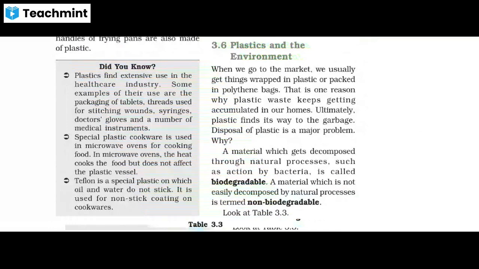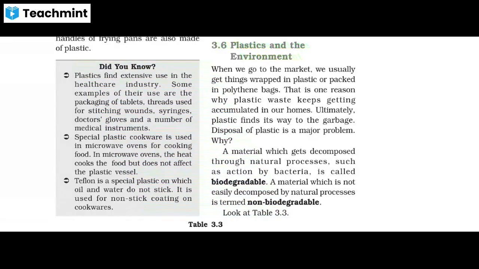We know that plastic is not biodegradable, it is not eco-friendly. Materials are classified as biodegradable and non-biodegradable. Biodegradable means materials which decompose through natural processes.